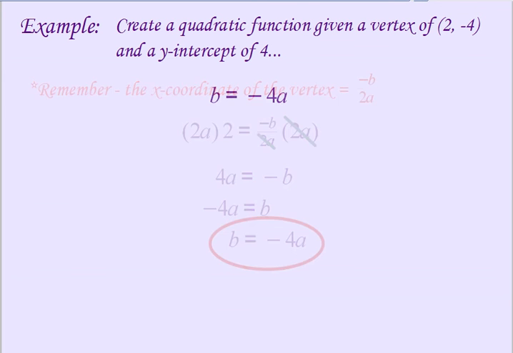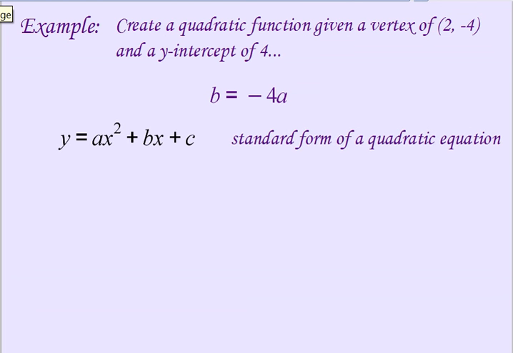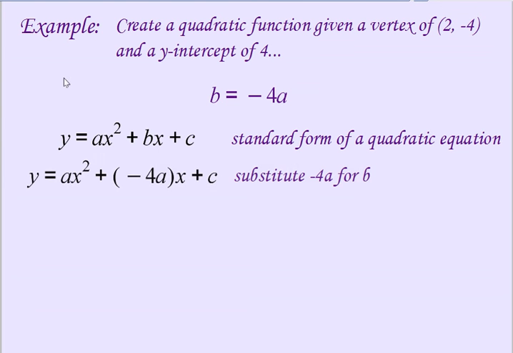So let's take that information, and now we're going to start to do some substitution. I'm going to start with the standard form of a quadratic equation, and now I have a value for b that I can use to replace b. So that's where I'm going to start. I'm going to say that b is equal to -4a.